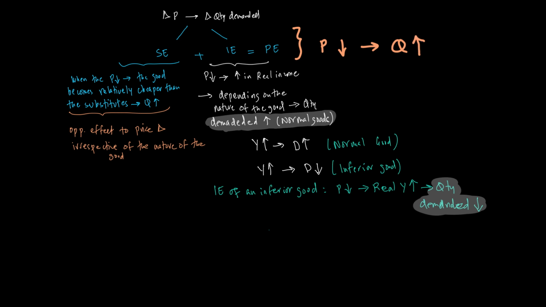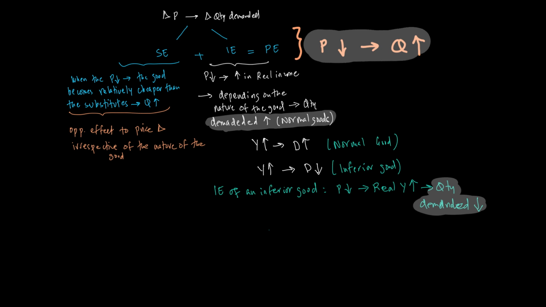So what we need to mention here is this, that substitution effect always says that when the price goes down, the quantity goes up, irrespective of the nature of the good. But income effect may differ for normal and inferior goods. However, the price effect is the same, which is where the price goes down, the quantity demanded goes up.